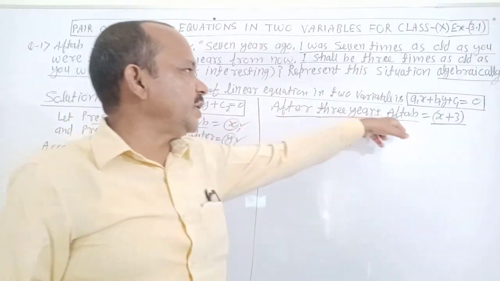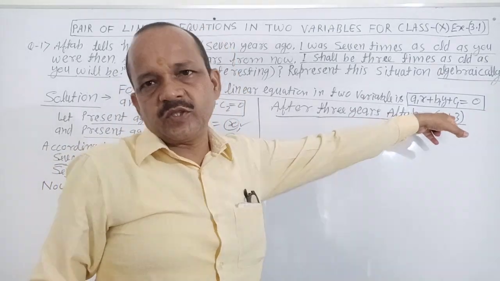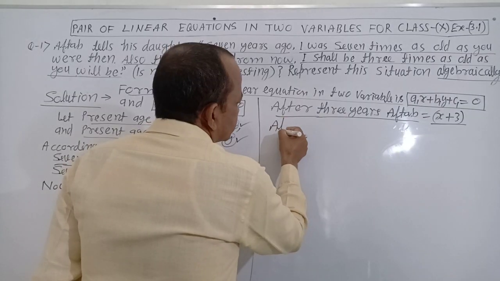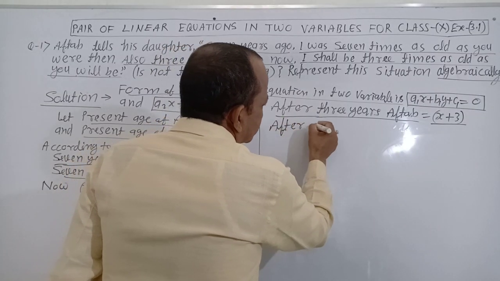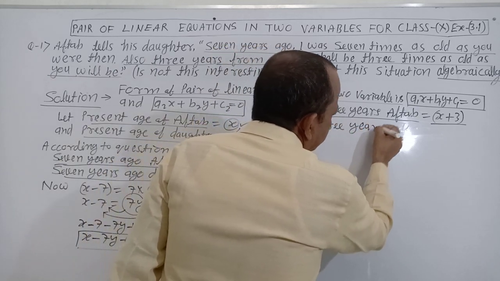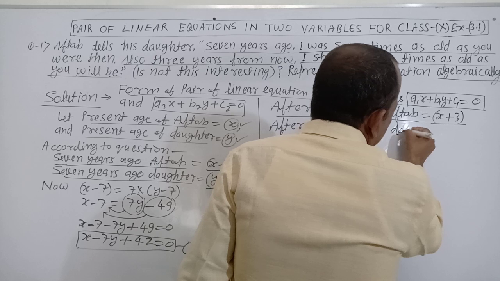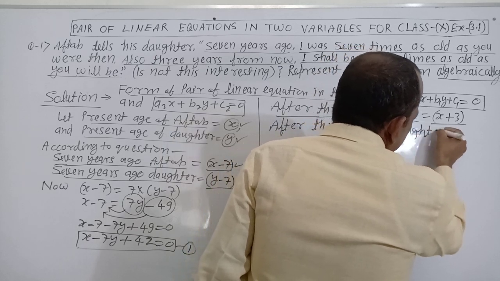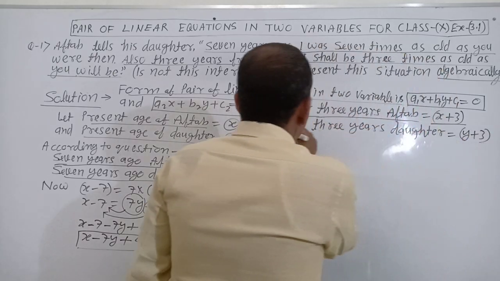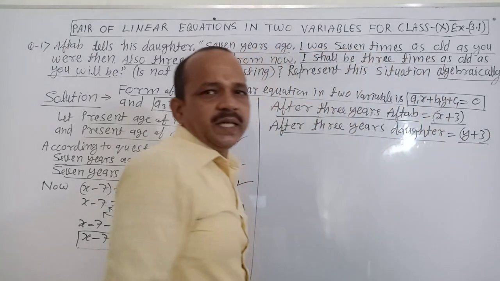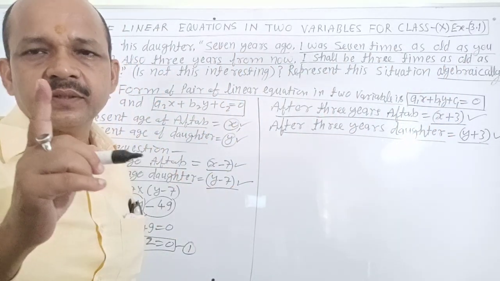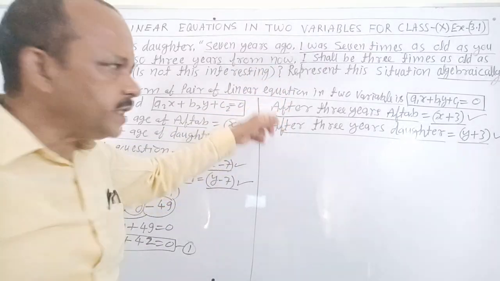Hence, after 3 years, Aftab x plus 3. After 3 years, daughter equal to y plus 3. After 3 years, Aftab x plus 3, daughter y plus 3. Clear? According to the question.